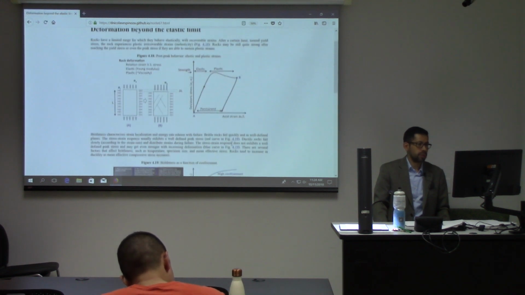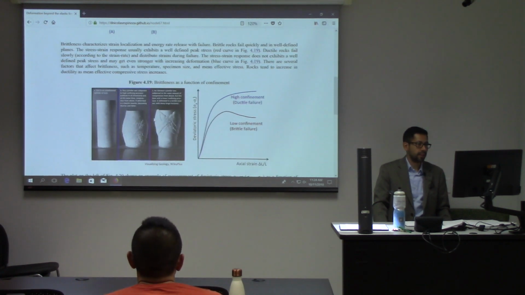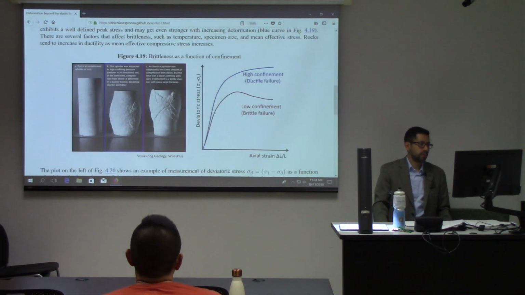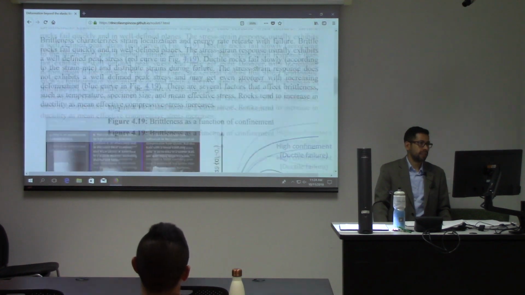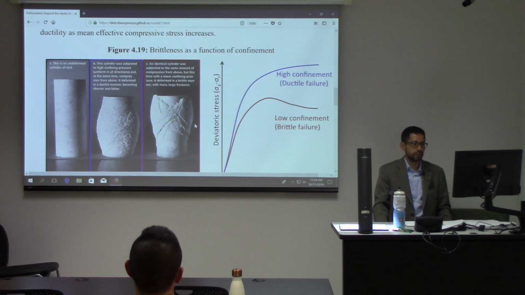Okay. So this is what we have been explaining, and here you have a nice example of brittle failure on the right. So you see very well-defined fractures, and ductile failure, in which the rock fails almost everywhere, and there is not very well-defined fracture.